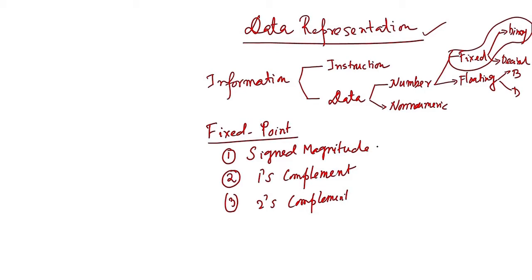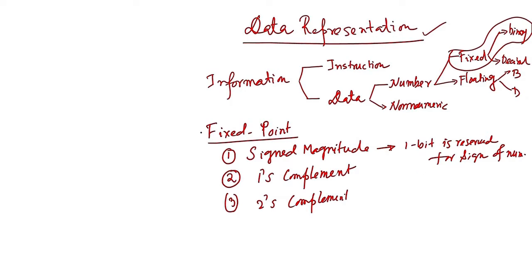In sign magnitude, as the name suggests, one bit will be reserved for the sign of the number and the rest represent the number.